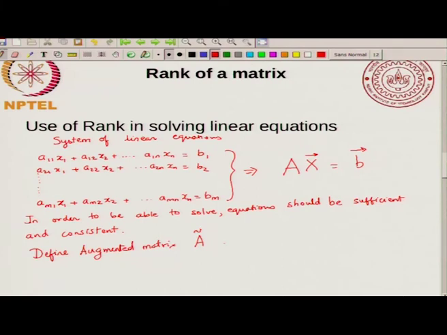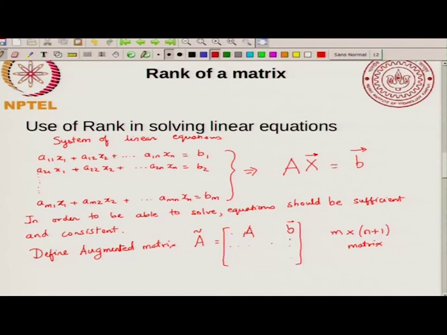It basically looks like a matrix where A is here, and then you put the column of B on the right side. So you have all the elements of A, and then one extra column containing elements of B. So this is an m cross n plus 1 matrix.